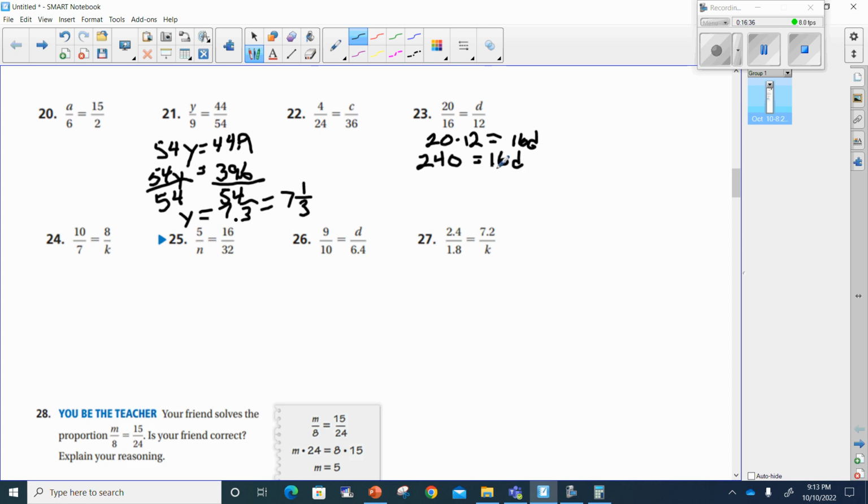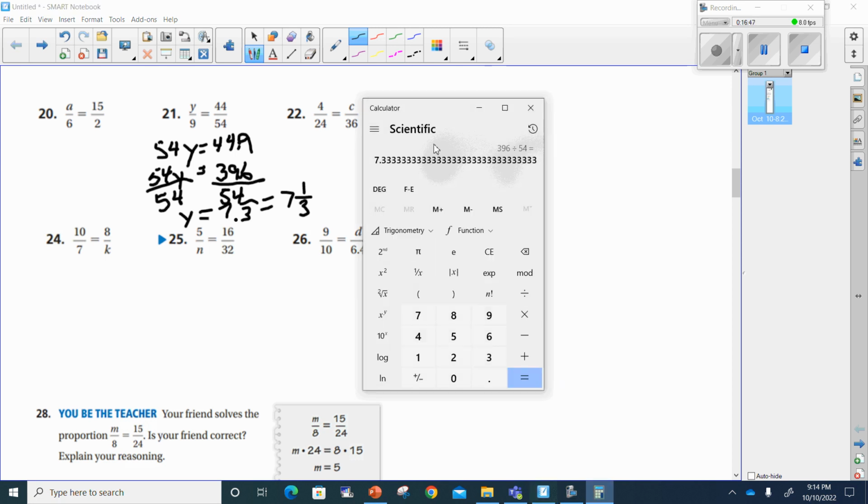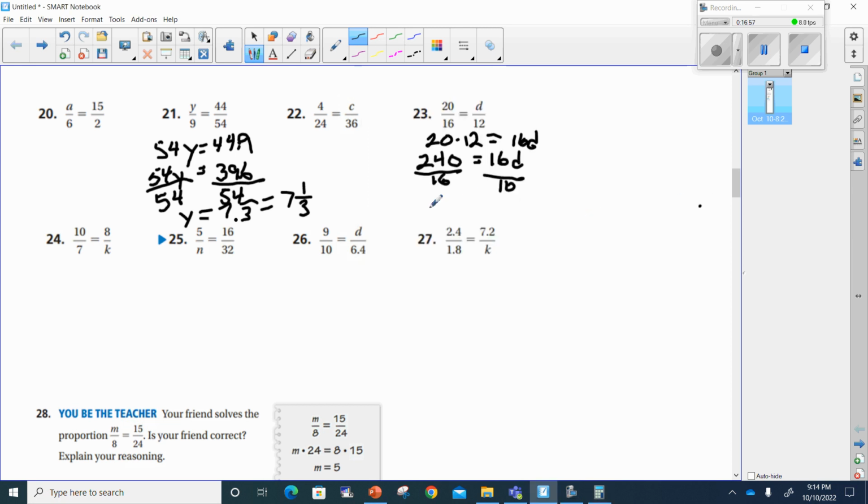And to get D by itself, I have to divide it by 16. Whatever I divide from one side, I divide from the other side. Now I have 240 divided by 16. That equals 15. So D equals 15.